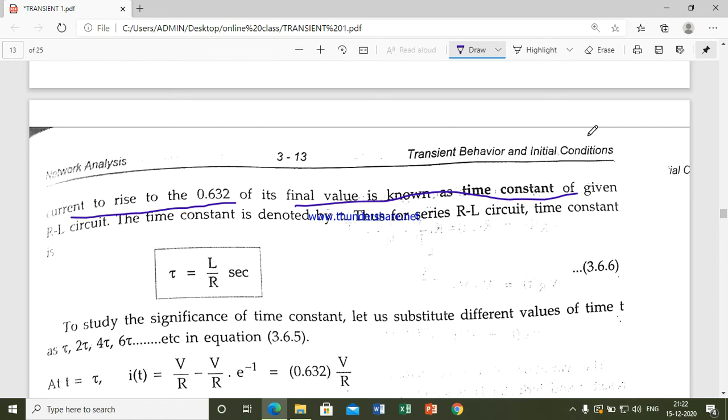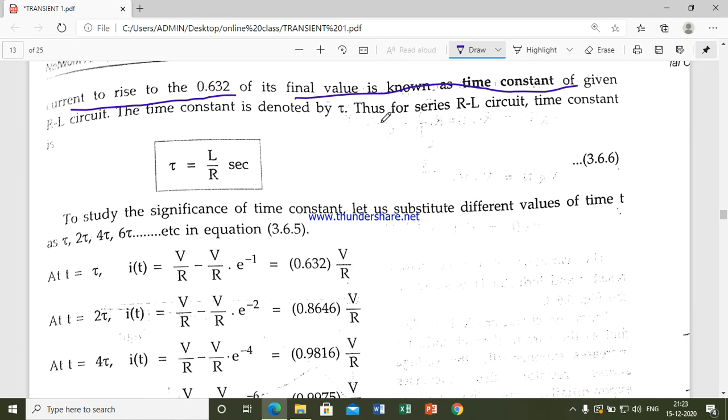We will represent the time constant by tau. That time constant tau represents what time it will take for your current to go from 0 to maximum. Why will it not reach the maximum value immediately? Because whatever the EMF energy that is stored in the circuit, it will take some time to go from minimum to maximum value. The time constant is denoted by tau.